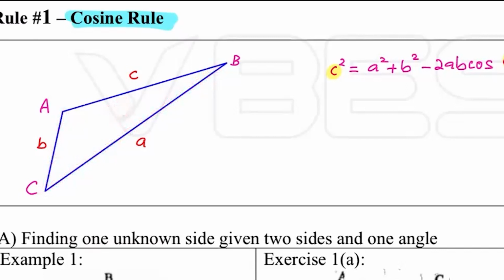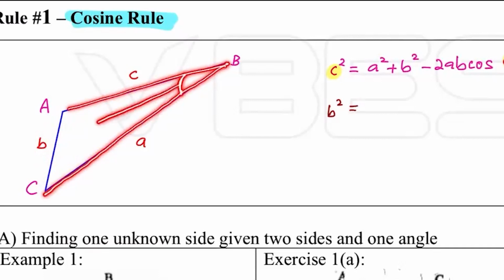For example, if I ask whether you can find b, you can. What lengths do you need to put on the right side? I'm going to use a and c, which cover this angle, and I find the opposite one.